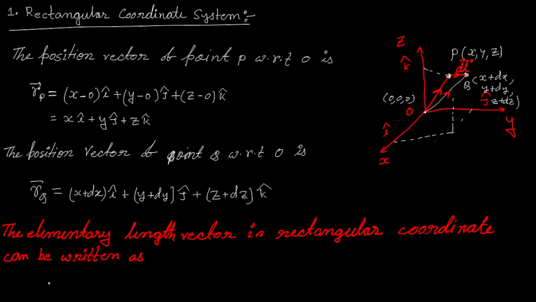So if we want to write dl vector, then dl vector is equal to rq vector minus rp vector, and when you put the values of rq and rp and simplify it, we'll get dl vector is equal to dx i cap plus dy j cap plus dz k cap.